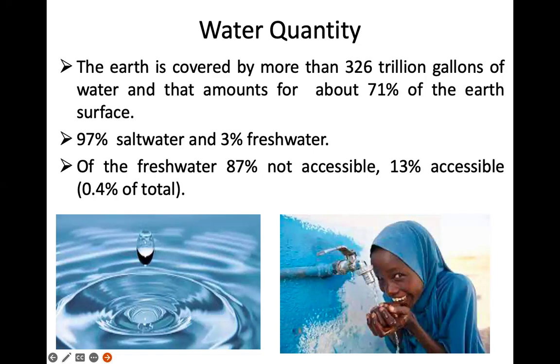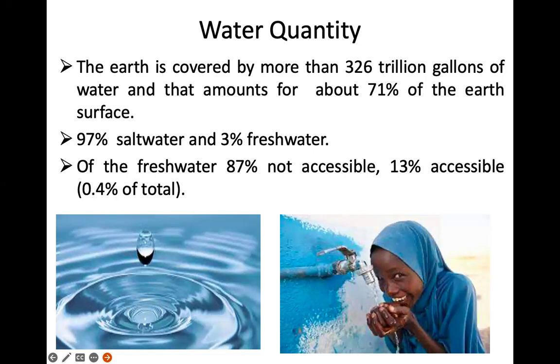As you may already know, the earth is covered by more than 300 trillion gallons of water, and that accounts for about 21% of the earth's surface. But it must also be noted that most of this water is not safe for drinking because it is salty. About 97% of water is salt, leaving us with only 3%.